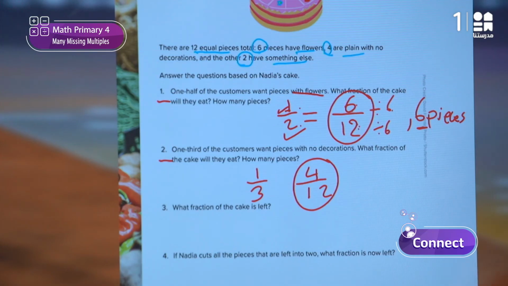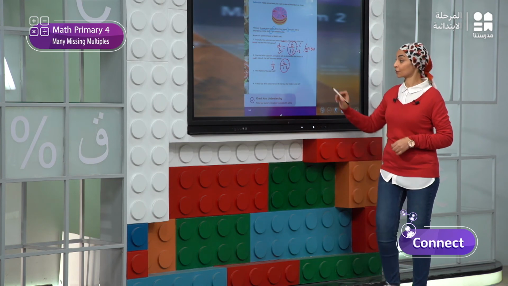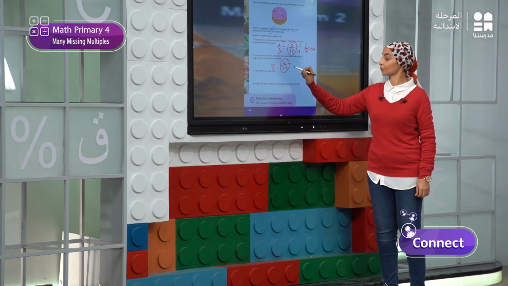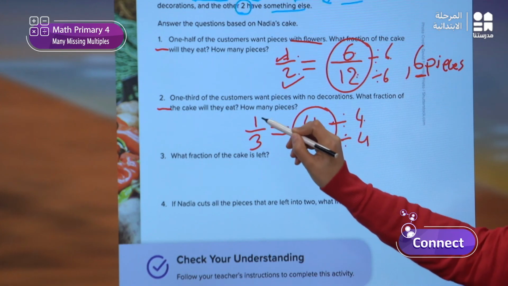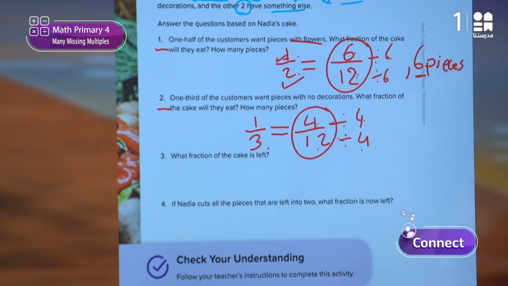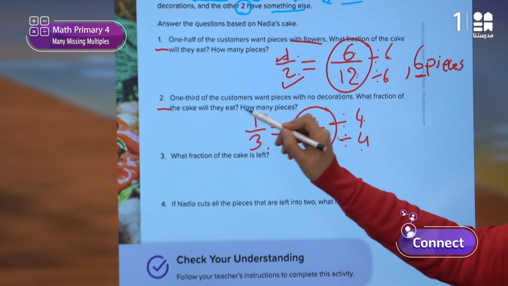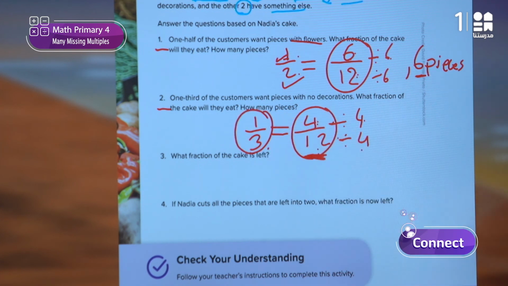So my fraction is 4 over 12. We can say that the common factor between 4 and 12 is what? It is 4. So if I divide by 4 up and down, 4 divided by 4 equals 1 and 12 divided by 4 equals 3. This means that 4 over 12 equals 1 over 3.